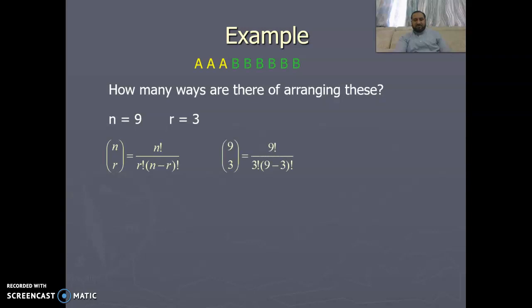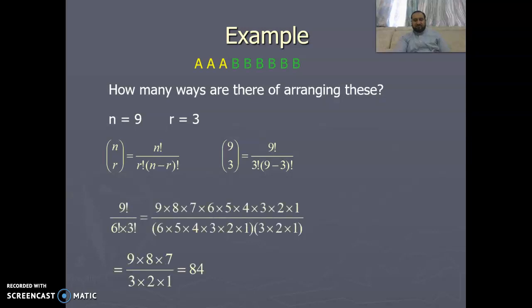So basically this will be written as 9C3, because these are two identical types of letters. So 9 factorial over 3 factorial and 9 minus 3 factorial. We simplify this and get 84 ways of arranging them.